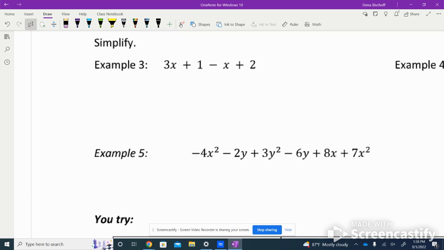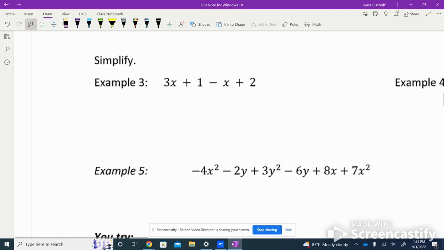Okay. So let's look at this first example. And I'm going to circle the terms. Is there another term that has the same variable as 3x? Jane. Negative x. So what is 3x minus x? 2x, because this really is 1x.